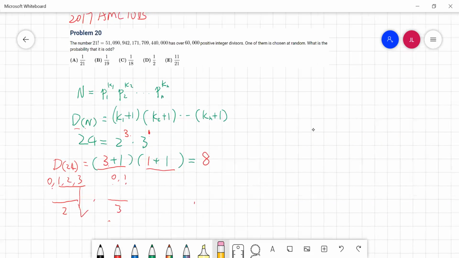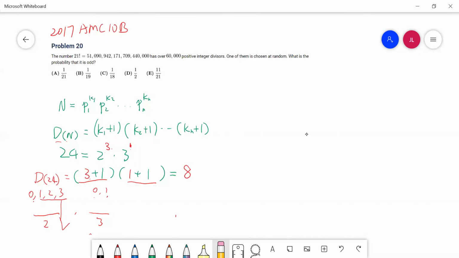Okay, with this, we're going to look at this question. 21 factorial. We can do prime factorization. That's going to be 2 to the power of, how do we find 2 to the power what? 2 to the power k1 times 3 to the power k2, then we have 5 to the power k3, etc., right? So what is k1?